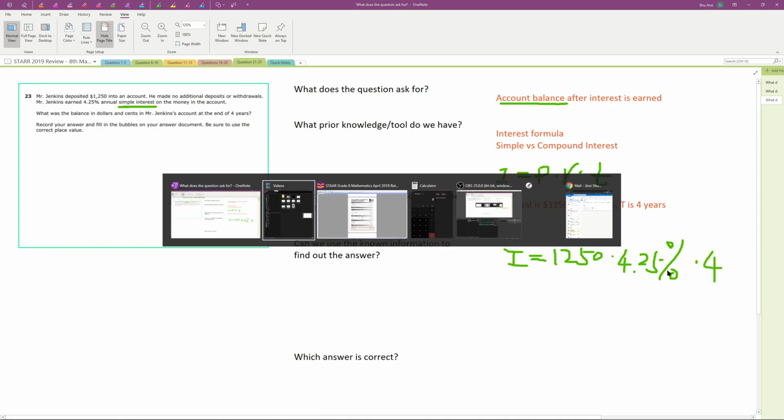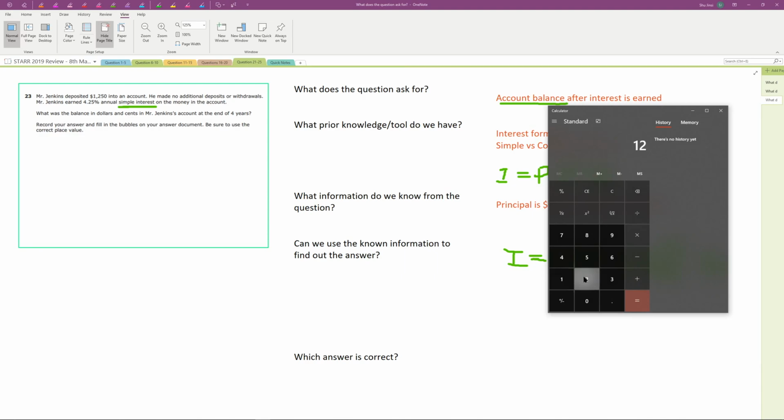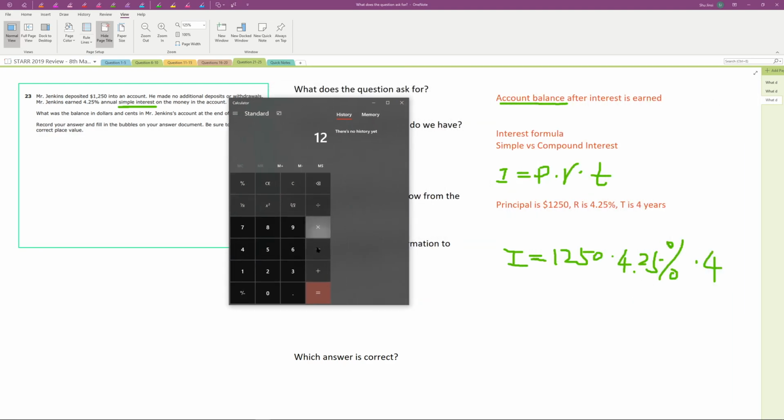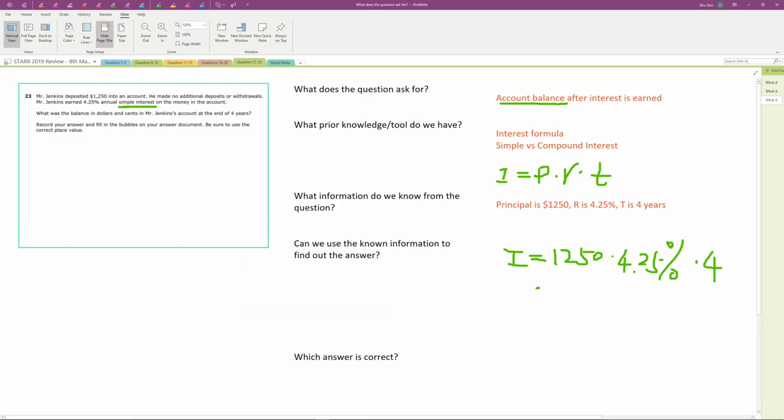And we're going to use the calculator. 1,250 times 4.25% times 4, and that is 212.50.